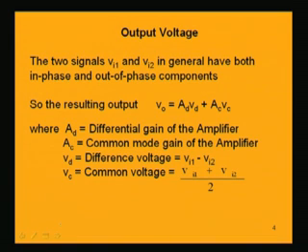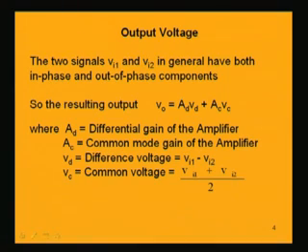Now, these two signals in general, if we consider, they may be having both in phase and out of phase components. So, some portion of the two input signals may be common to both of them and some will be out of phase.